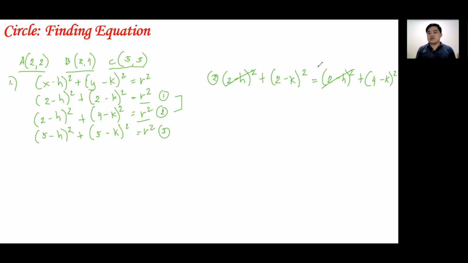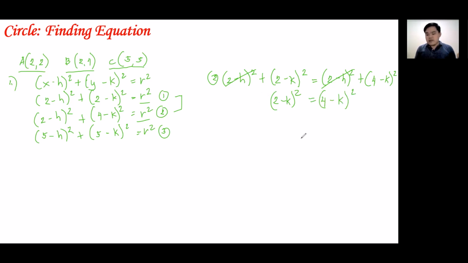So if I transpose this one, this will become negative, and this term minus this term is 0. So again, I can cancel this term already. So the remaining term is (2 minus k) squared is equal to (4 minus k) squared.